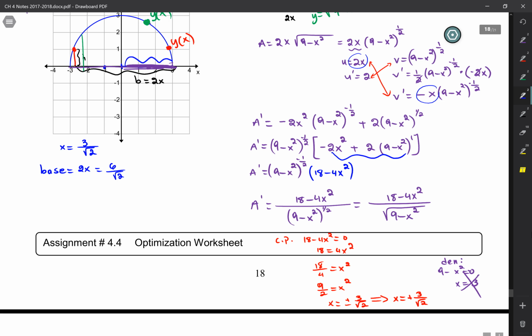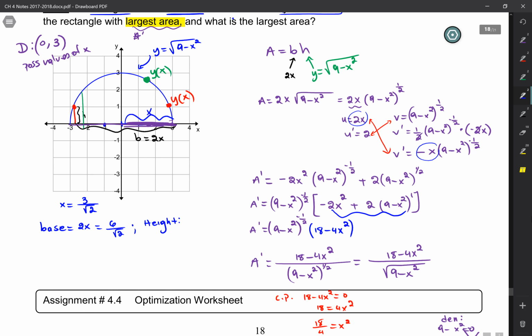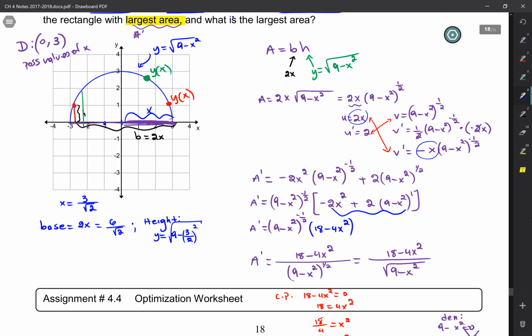This is x. And then we put that x into the function. So then what is the height? You plug x into there. So y equals the square root of 9 minus 3 over 2 squared. Isn't it root 2? But it's already a root.